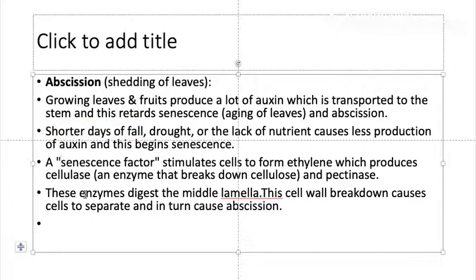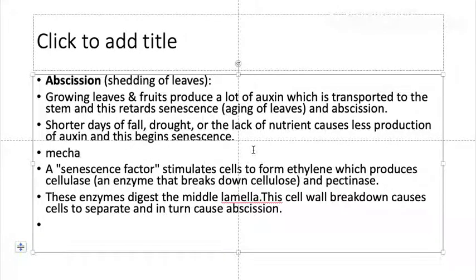how does the exact mechanism work? We can explain the mechanism part. Okay, so the mechanism of senescence. What is senescence?